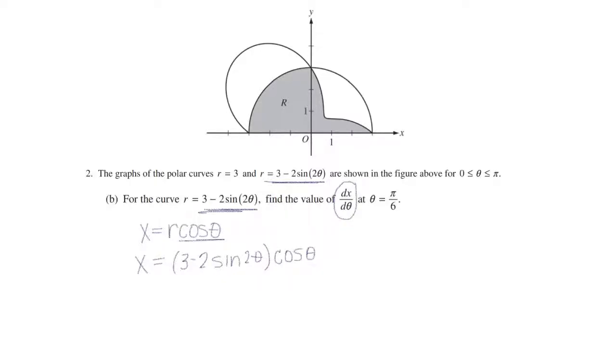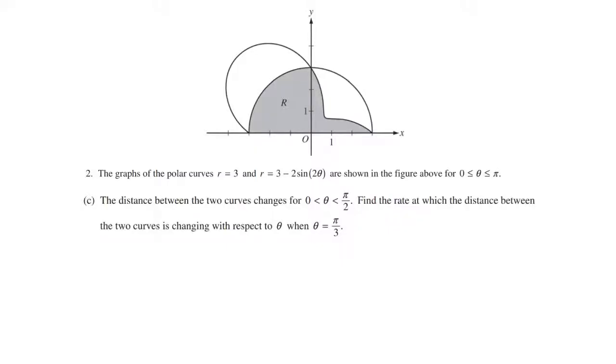Now all I need to do is, in our calculators, find the value of dx d theta when theta is pi over 6. Once we type that all in, we should get negative 2.366.